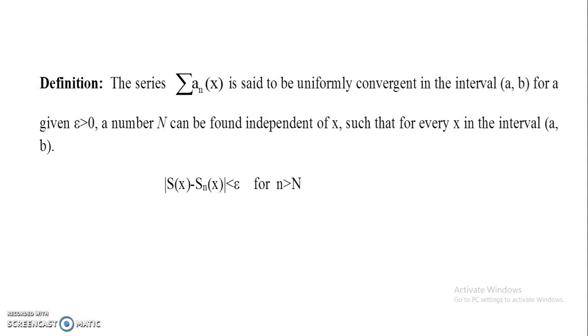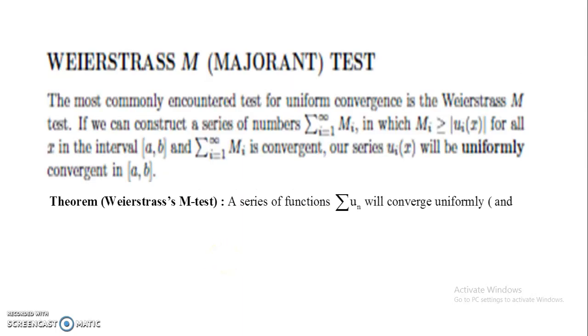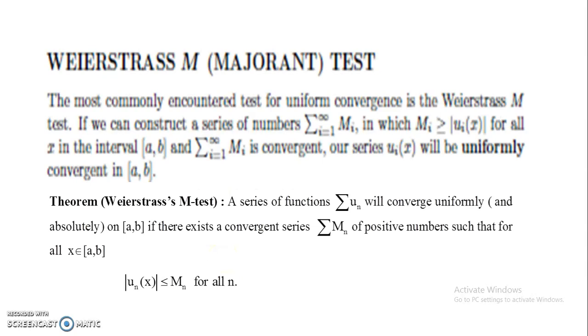The series an of x is said to be uniformly convergent in the given open interval ab if, for a given epsilon greater than 0, there exists a positive number capital N, which can be found independent of x, such that for every value of x in the open interval ab, the difference of s of x and Sn of x, which are very close to each other, for all n greater than capital N, means modulus of s of x minus Sn of x is less than epsilon for all n greater than N. Now we shall see one important test for uniformly convergent series.